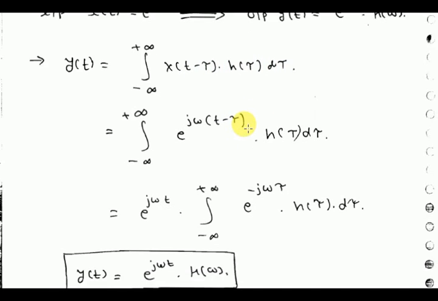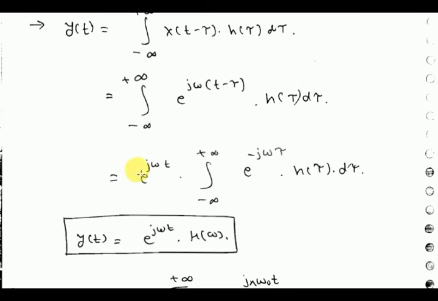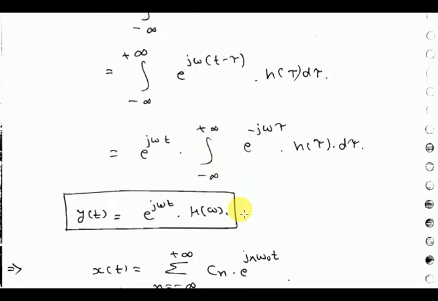Put the input x of t as e to the power j omega (t minus tau), and you get this. Then take e to the power j omega t outside, which is independent of tau. Now it is in the form of the Fourier transform; we will discuss it in the next topic. So e to the power j omega t times h of omega is y of t.